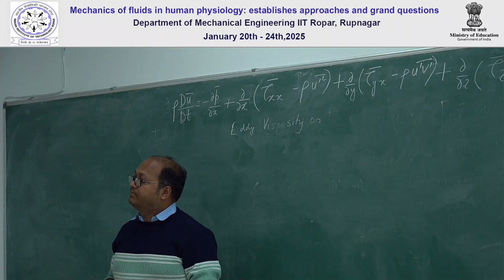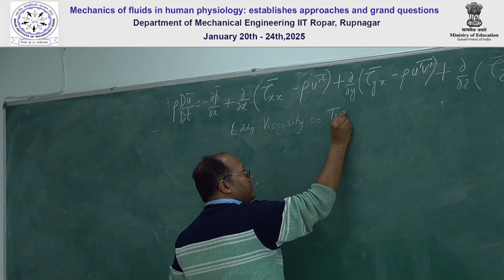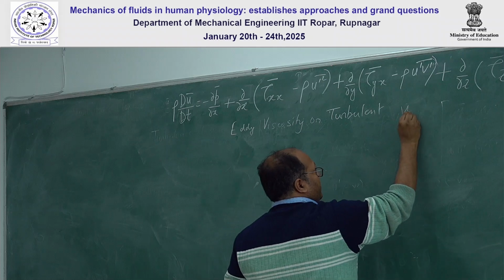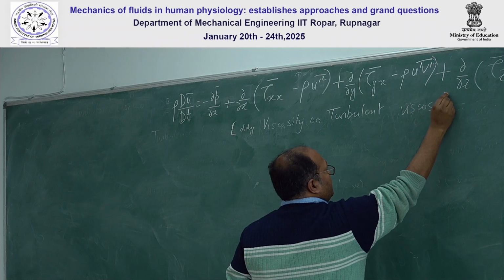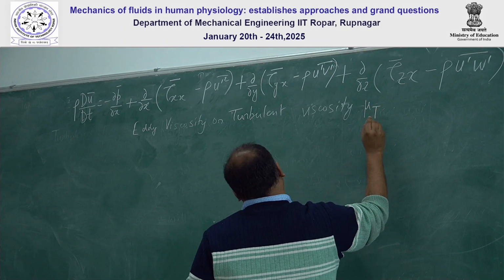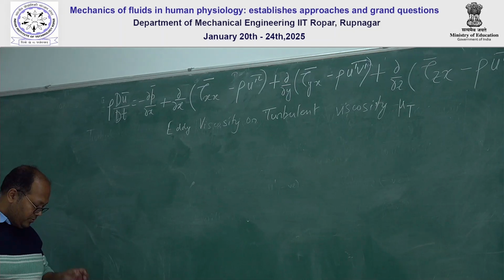The value may change from flow to flow. The t subscript denotes that it is to account for the turbulent flow.